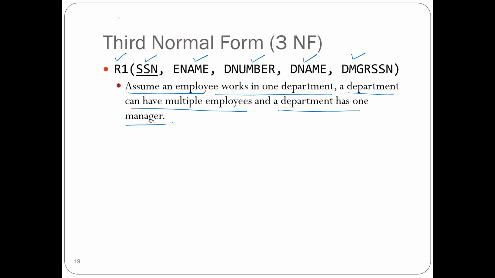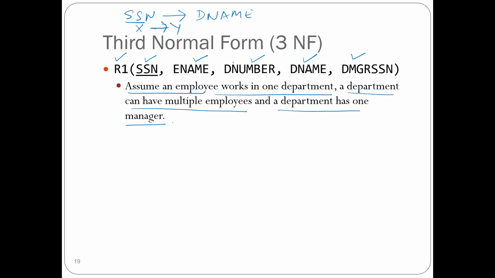So what we have here is this functional dependency from SSN, the social security number, to DNAME. If I know the social security number of an employee, I will tell the name of the department where the employee works. So we have this X to Y functional dependency.